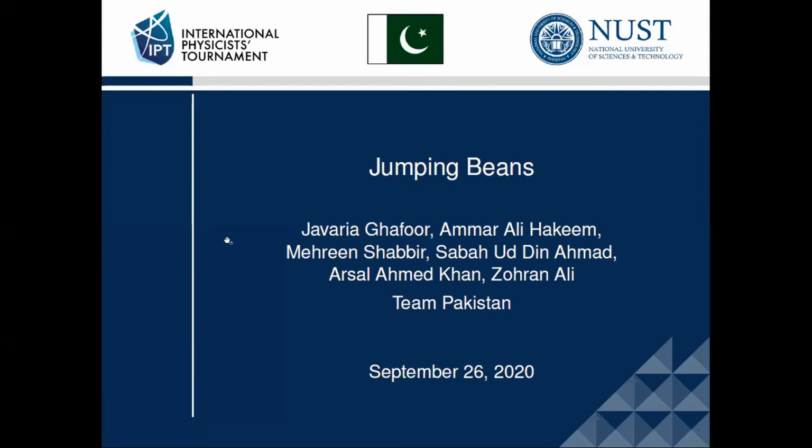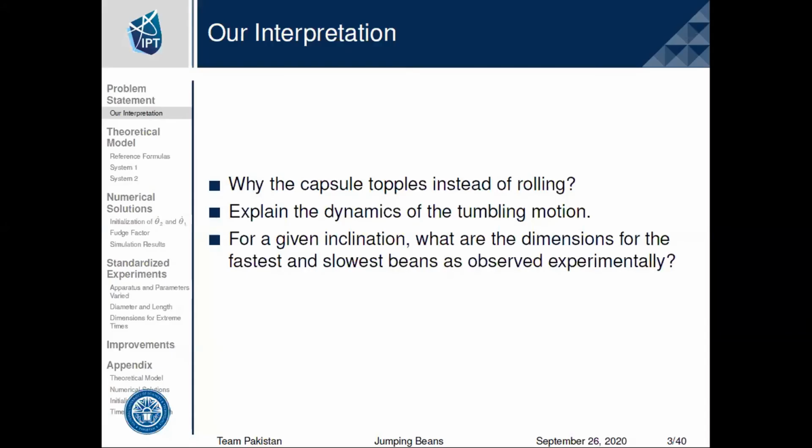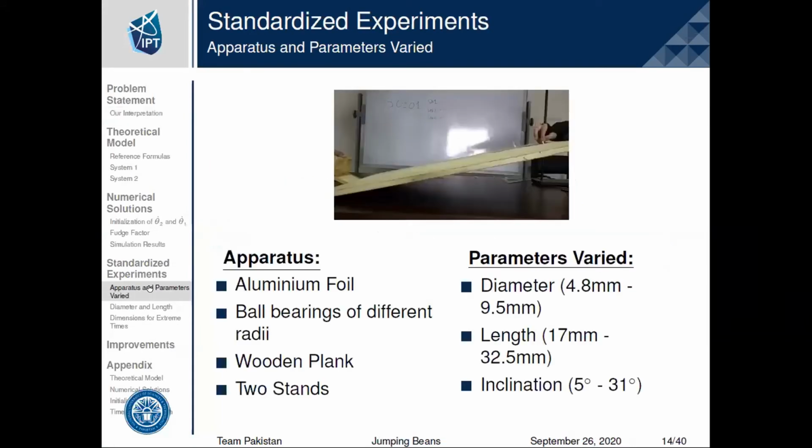So you mentioned that we did not talk on the human factor. The error bars that we have calculated actually include the human factor. We recorded videos and later performed video analysis of the capsule tumbling down the incline.